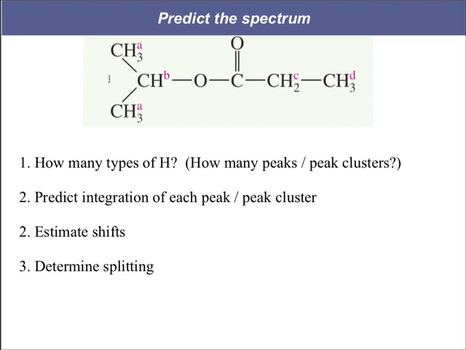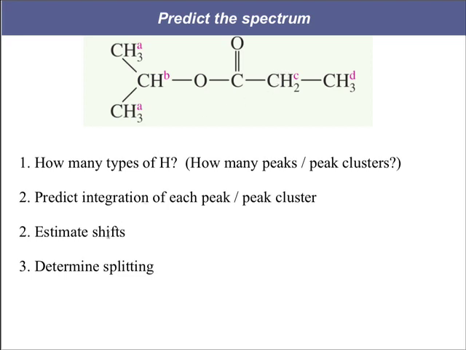But notice that the A's are closer to an O. The A's are on a carbon, on a carbon, on an O. The D's are on a carbon, on a carbon, on a C, on an O. So the most downfield should be our B. B should be the most downfield. Then our C's, then our A's, and then our D. So we at least have a relative shift, and we've got a couple anchors. We know that C should be pretty close to 2, 2.1, 2.5.